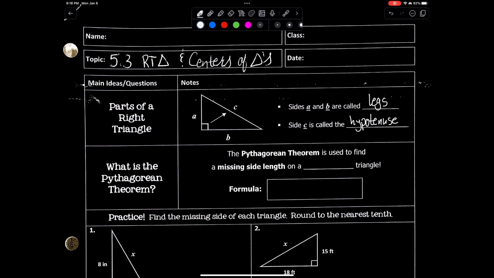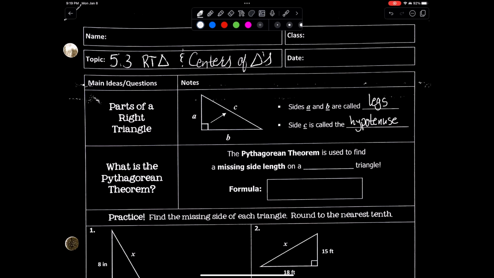Okay, so that's what we need to know in order to talk about the Pythagorean theorem. In speech, we would say the Pythagorean theorem is: the sum of the squares of the legs of a right triangle is equal to the square of the hypotenuse.